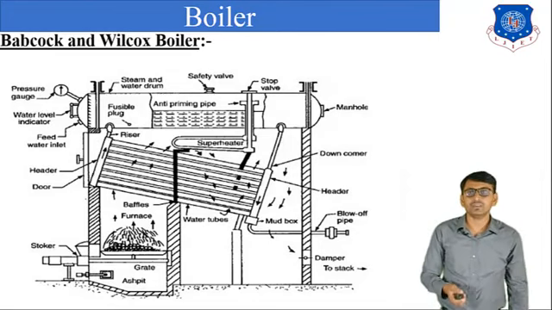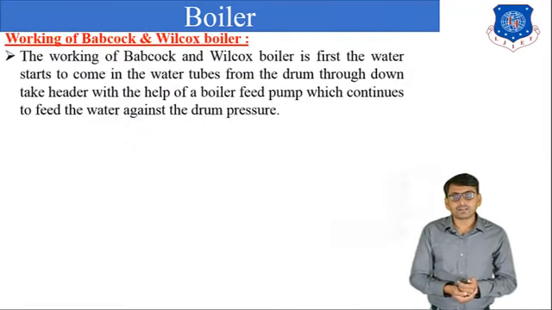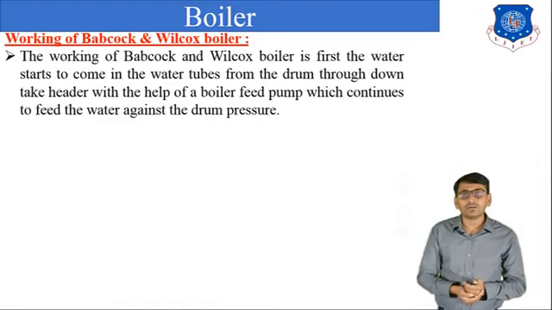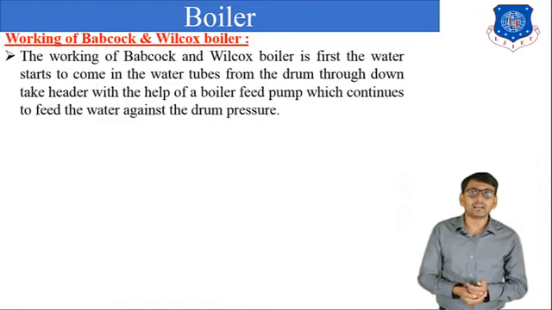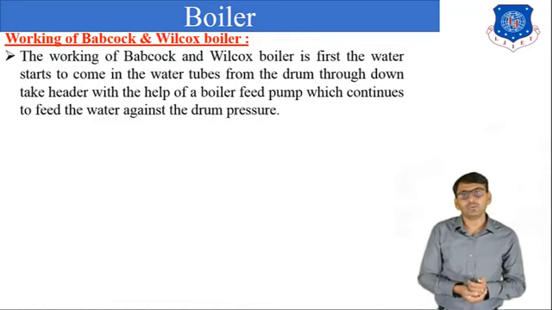Okay. So this is about the Babcock and Wilcox boiler. First, water from the drum enters the tubes from the downtake header. Then it is continuously supplied to the tubes.